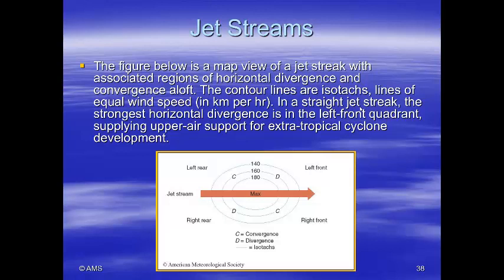So in a straight jet streak, the strongest horizontal divergence is in the left front quadrant, supplying upper air support for an extratropical cyclone development.